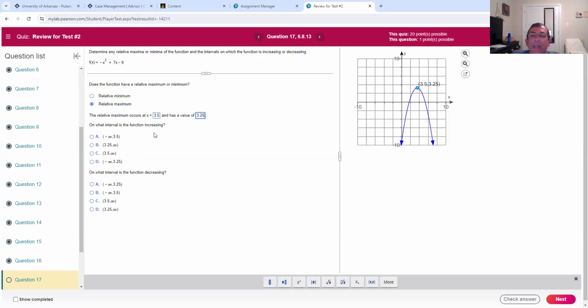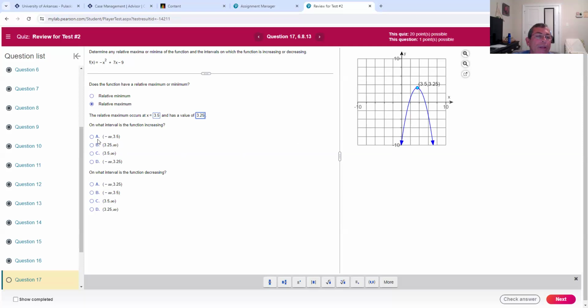Then it says, where is it increasing? Well, that's the left side of it. Although that arrow's pointing down, that's not the direction it comes in. That just means the graph goes on forever. So this left side is going uphill. And we're concerned with those x values. So it comes in from negative infinity, cruising along the x's until you get to that x value of 3.5.